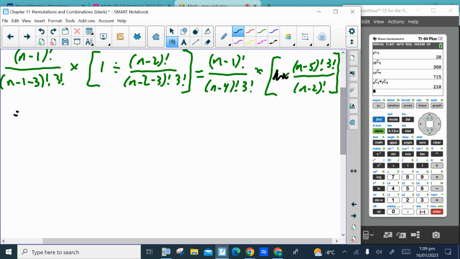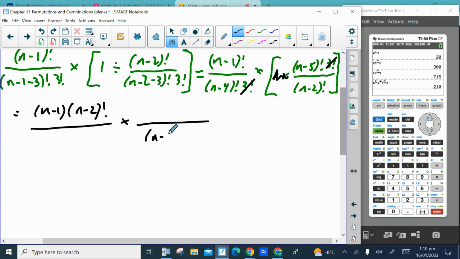Okay, so right now we can cancel the 3 factorials. Don't have to expand anything to get rid of those. We've got 1 on the top right, 1 on the bottom left. They're going to cancel. The (n minus 1) factorial I will expand. The first term would be n minus 1. The second term would be 1 less, which is n minus 2. And we'll put a factorial on the end because that factor is on the bottom right. So those are going to cancel.